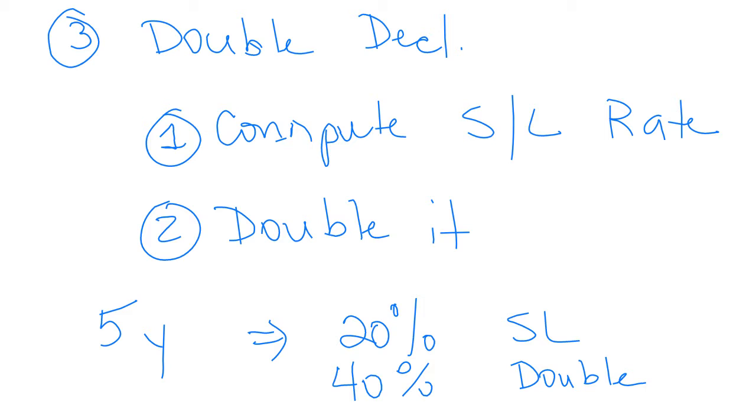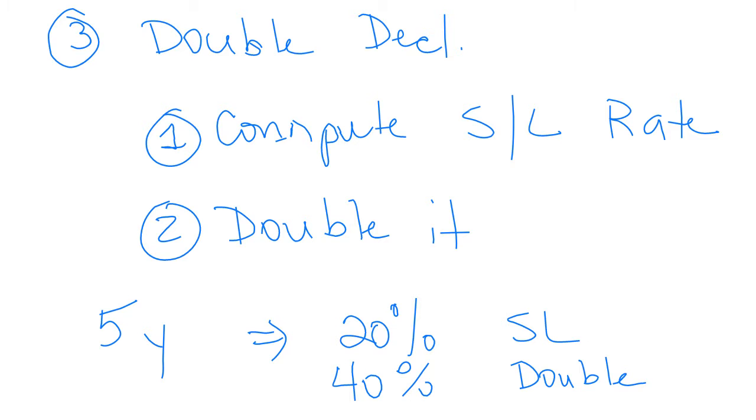So because they bring more revenues, they also should be associated with higher depreciation expense. So this method is the only method that does not use salvage value. It uses book value instead. So let's see how it works. I'll go ahead and share my screen with you.